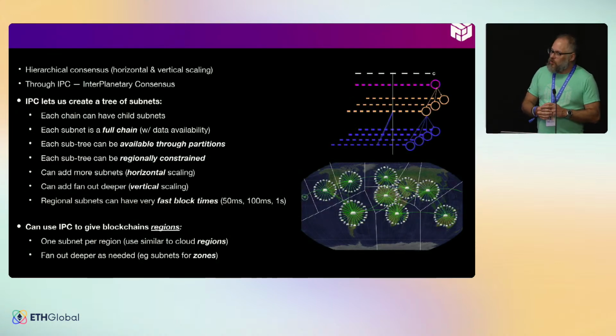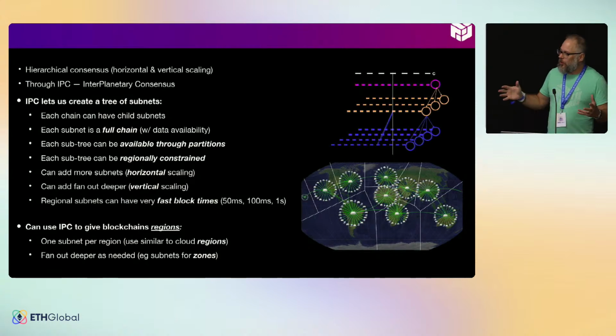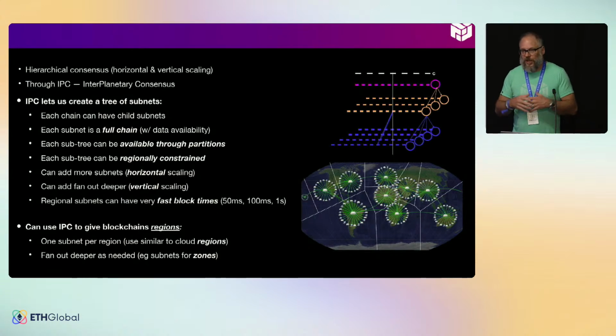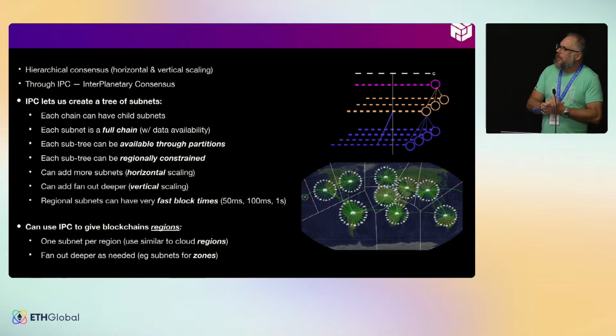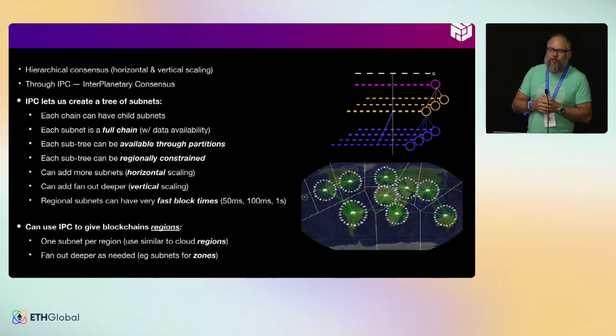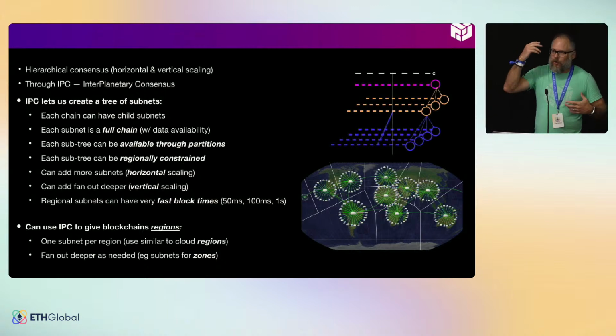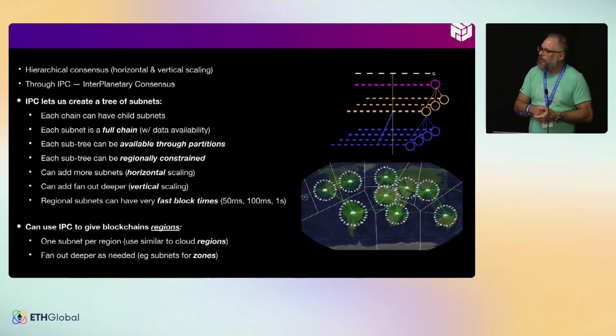So to give you a bit more of a feel for it, we talk about scalability in terms of subnets, in terms of creating this hierarchy of networks. Each child can have its own children, so you can create a layer 2, layer 3, layer 4 of them, and so you can create vertical scalability but also horizontal scalability as well. You can have subnets that are region constrained, so you might have a subnet within the EU, within North America, within Asia, for example.